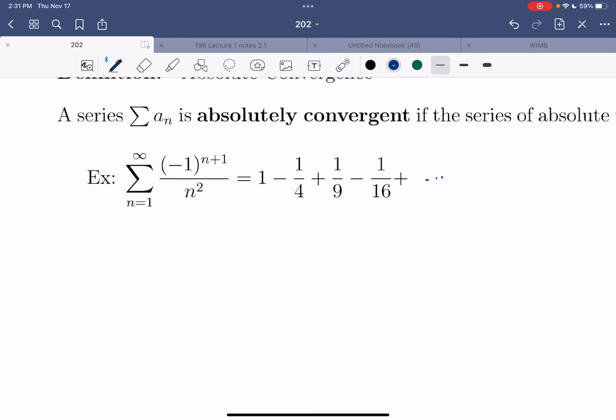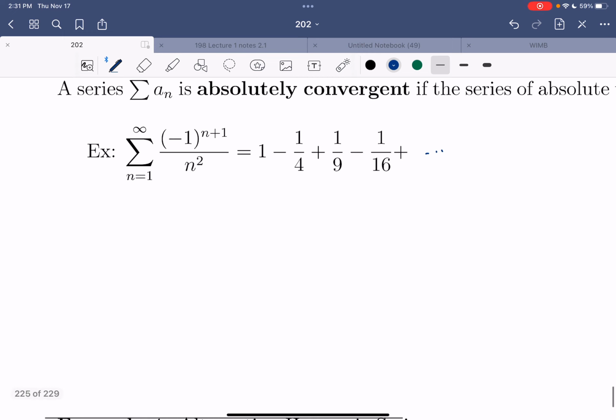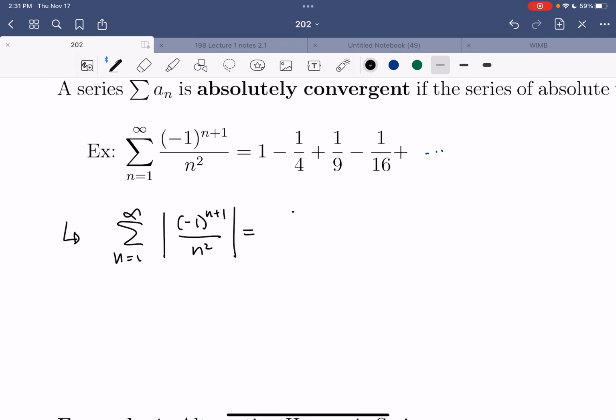So this is an alternating series, and we have n squared on the bottom. We want to know if it's absolutely convergent. What we do is take a look at the absolute value. So sum n equals 1 to infinity, absolute value of this. And all that does is take off the negative 1 term in the top. So that's 1 over n squared.